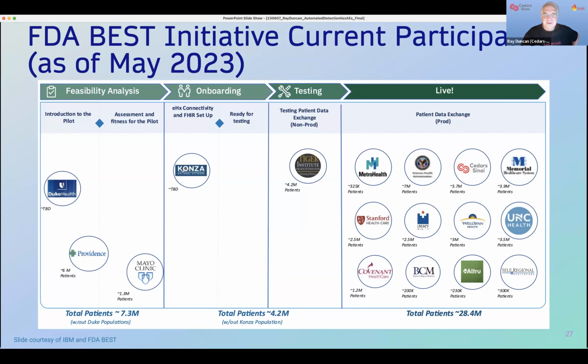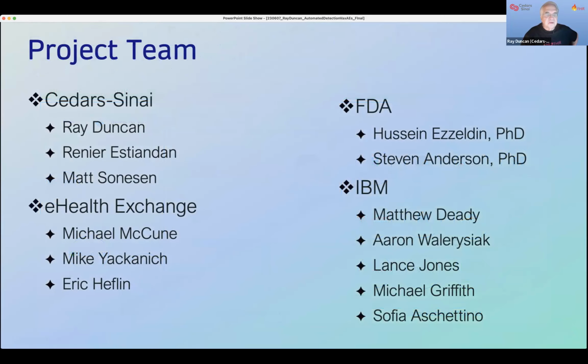We're hoping that this is really forging a path for automating these processes. This was a large project team involving 4 organizations. We have several very helpful people from the eHealth Exchange, a couple of scientists from the FDA, and then a large team from IBM, who I think actually built the best system under contract for the FDA.